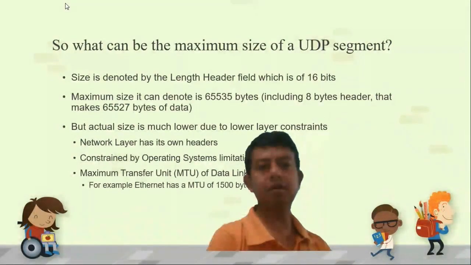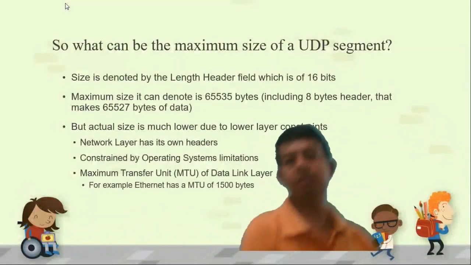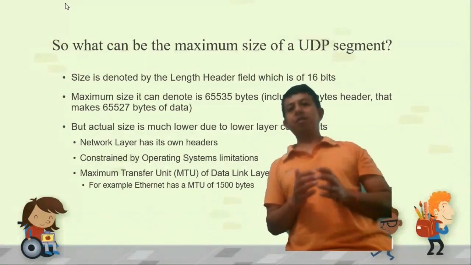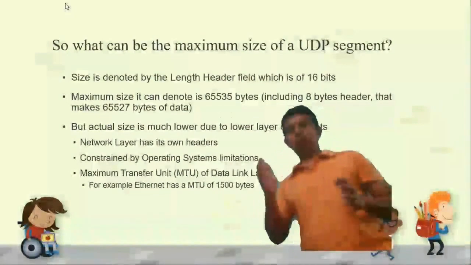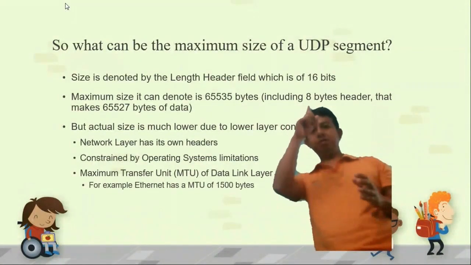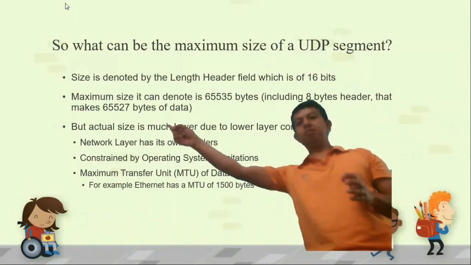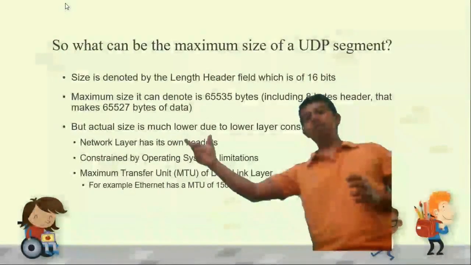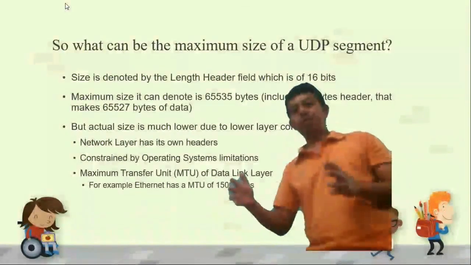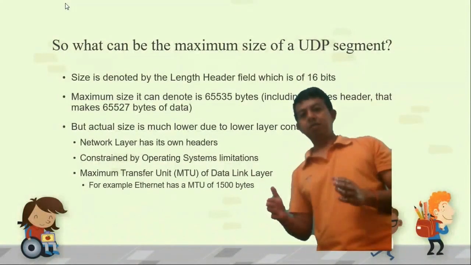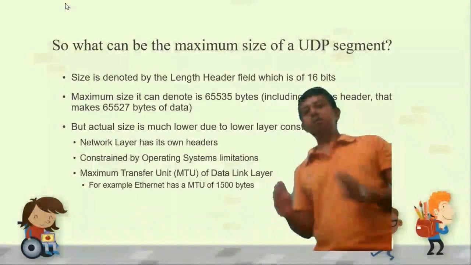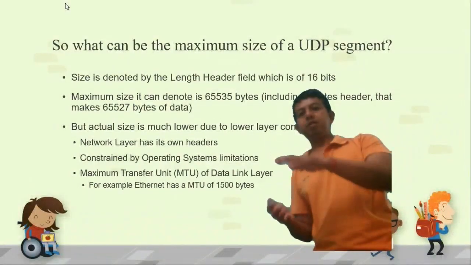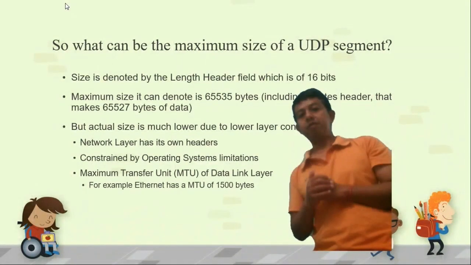This makes a UDP segment of maximum size of 65535 bytes. Now, because 8 bytes are header information, that leaves 65527 bytes of data. This is the maximum amount of data that can be inserted inside a UDP segment. So essentially, it means that the maximum size of a UDP segment can be 65535 bytes.